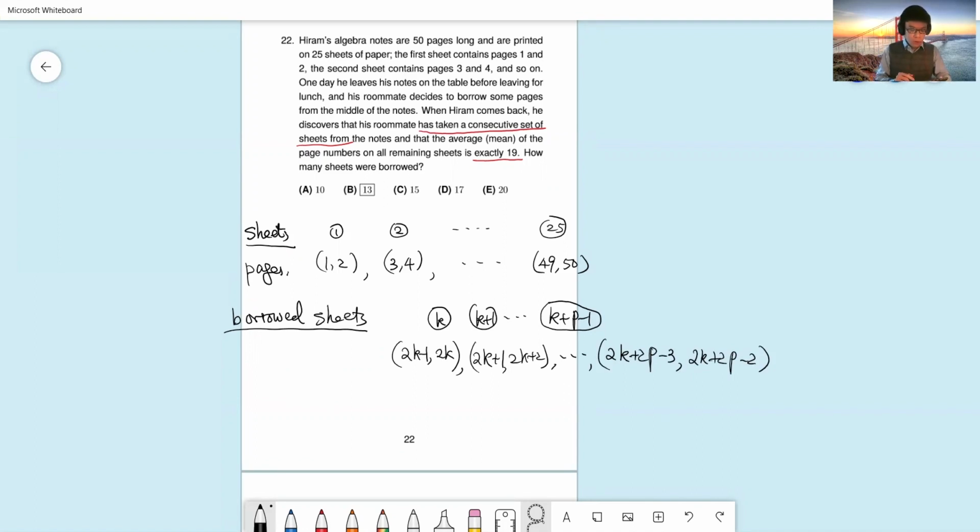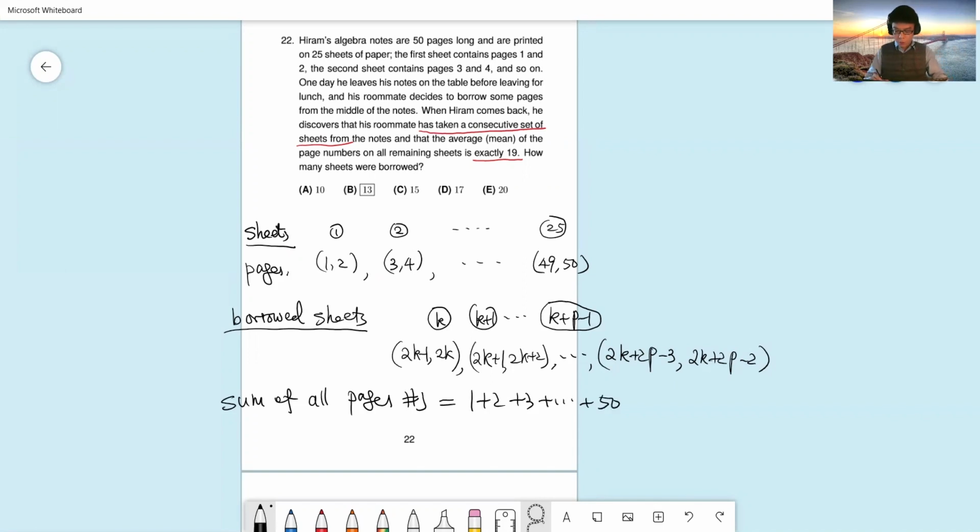So here we count the sum of all page numbers. The sum of all page numbers is 1 plus 2 plus 3 up to 50.